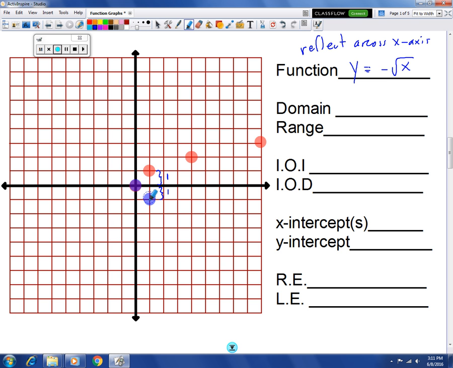The same thing with the next point at 4, 2: that's 2 blocks above, so I'll go 2 blocks below, put a point, and then at 9, 3 I'll do 9, negative 3.